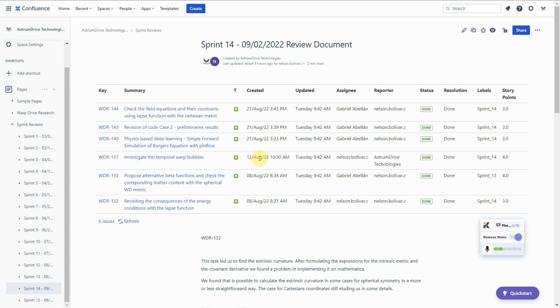Excellent. And Nelson, I'm going to give one more update here. Usually during this course, we talk about the warp drive research, but in our company, AstrumDrive Technologies, we have several other projects going on. We had a very big breakthrough with our electrical propulsion system about a week ago, because we were able to successfully construct the first working physical prototype.